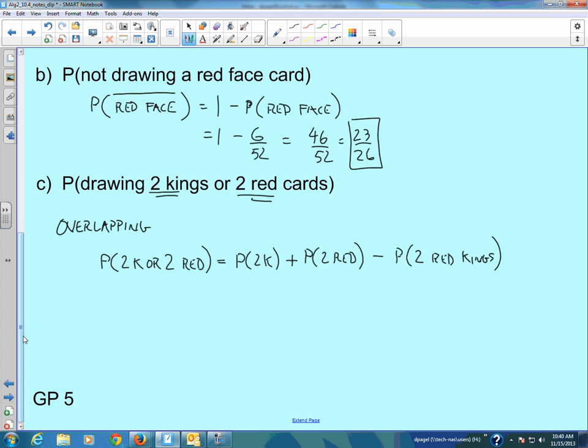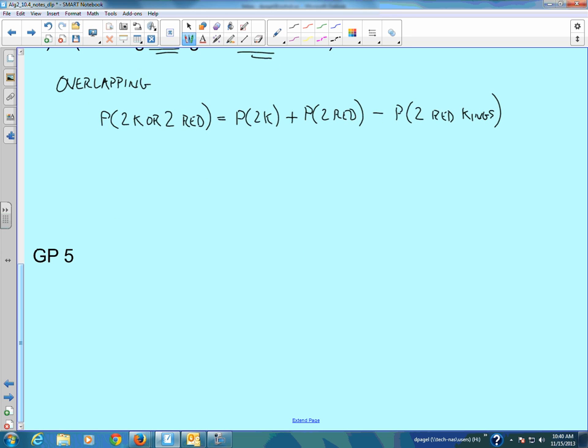Okay, I'm pulling out 2 cards. So if I'm thinking about how many ways can I draw 2 cards from 52, well, I have a combination that I'm thinking about here. So in this term of probability, I want to know how many ways can I draw 2 out of the 4 kings. So I'm thinking about my barrel of kings has 4, and I want to pull 2 of those.